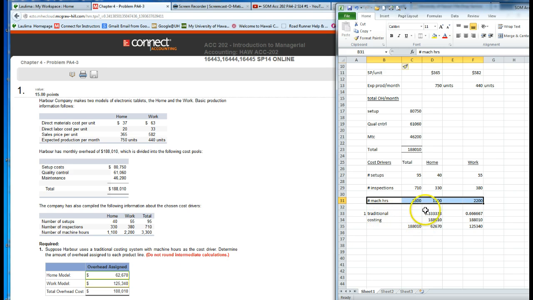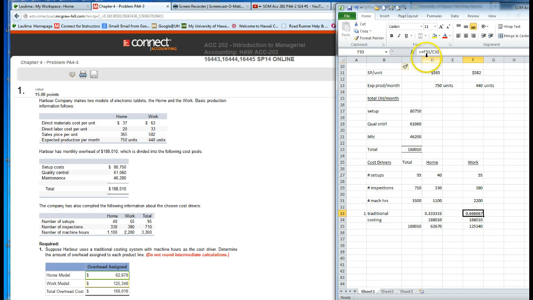And so what we do is get a percentage or a weighted average for each of the two product lines for machine hours. So here we are. This calculation is based on this formula, D31 divided by C31, and so that is the total machine hours for home divided by the total.